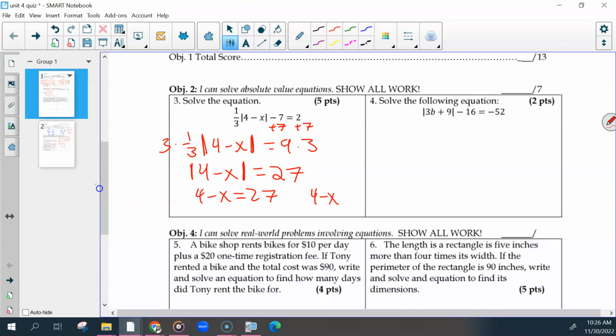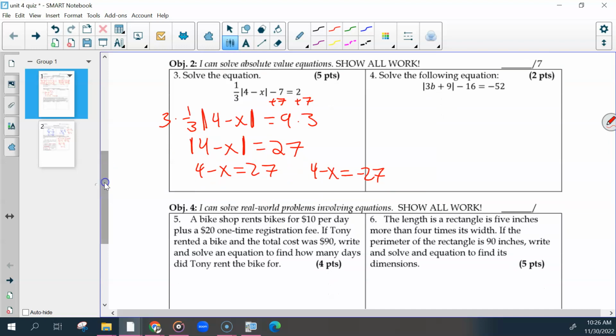Many of you remembered the 2 different equations, some of you did not. Some of you changed this to a plus. That's not how our absolute value worked because we dropped them, so it wouldn't become a positive. And then we would solve. And divide both sides by -1. If you had changed this to a plus, you were missing this step.